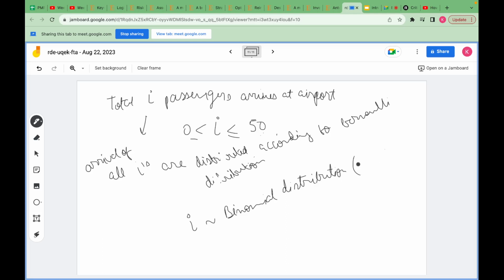where there are two parameters for the binomial distribution, n and p.